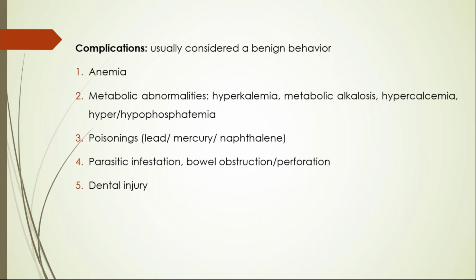Parasitic infections like hookworm, ascaris. And secondary to these parasites, there can be bowel obstruction, perforation, and dental injury, because eating mud and chalk can damage the teeth. So pica can cause these sorts of problems.